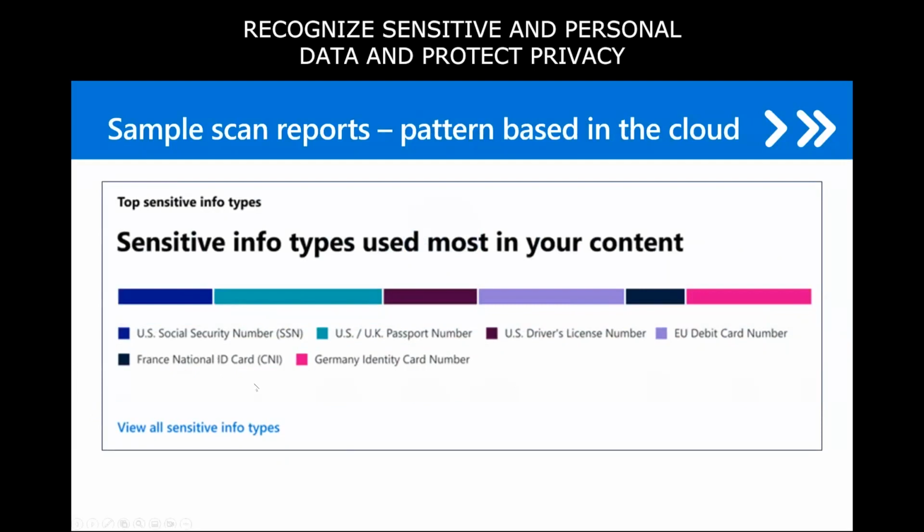It will list all the top sensitive or PII information, so that you know there are SSNs, passport numbers, driver's licenses, credit card numbers and so on in your data estate. Then you can take action.